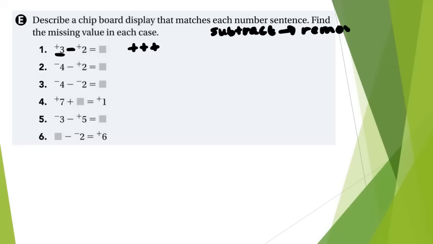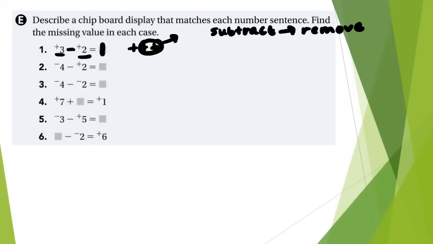So it's asking me to remove, and I need to really pay attention to if it's asking me to remove positive pieces or negative pieces, because it makes a big difference. I'm being asked to remove 2 positive pieces. And I have 2 positive pieces here. I can just draw a circle around them and show I'm moving them away. And then I can clearly see I have 1 positive left.